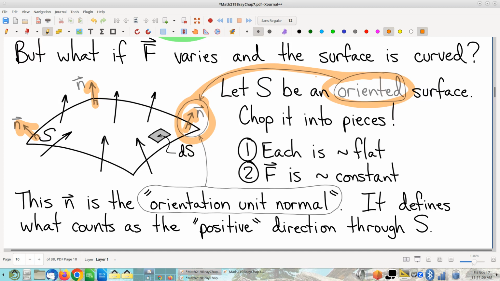We do these kinds of integrals through oriented surfaces. Which direction is the positive orientation has to be indicated. And by the way, these vectors here are called the orientation unit normals. And I'll remind you, we previously had a parametrized unit normal that comes from the parametrization. So we now have actually two different senses of normal vectors through the surface.